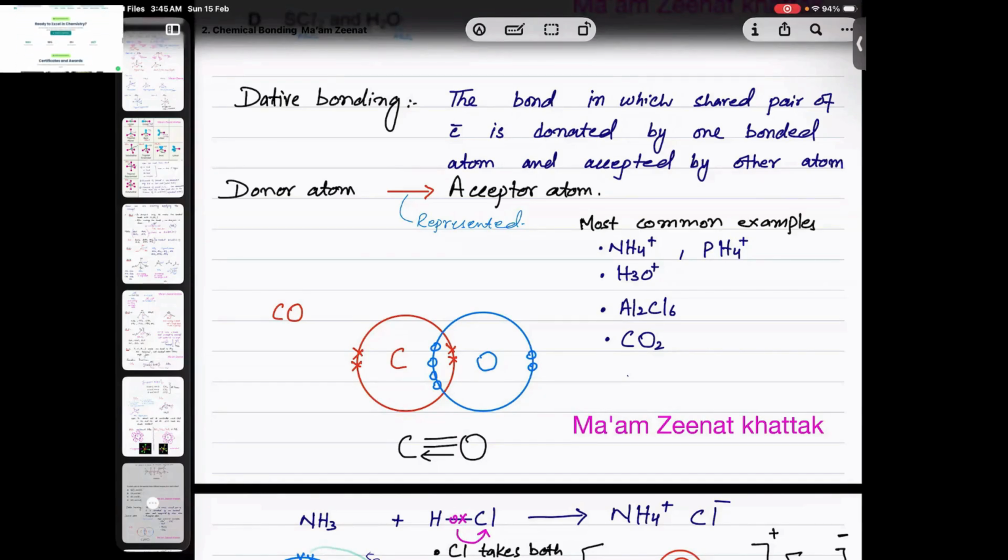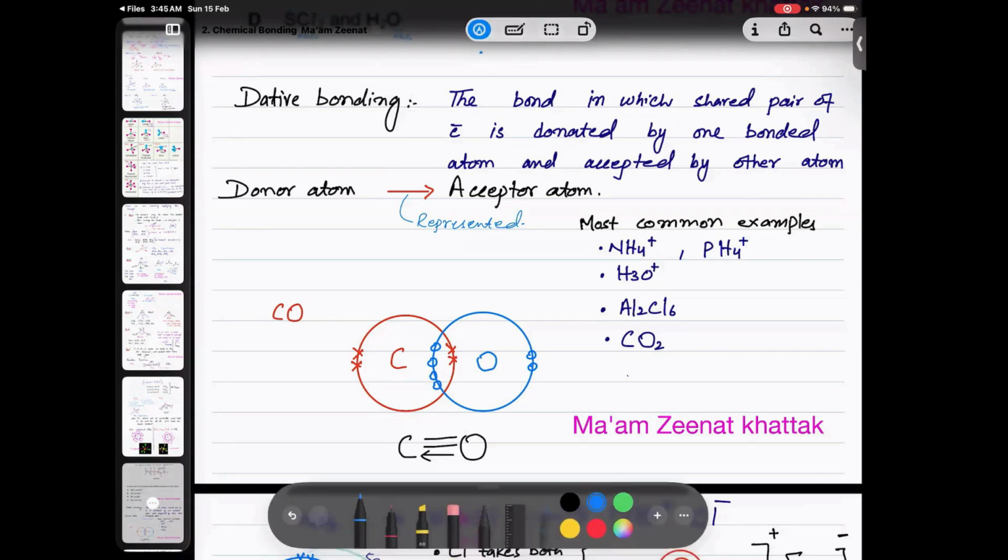One atom is the donor of the pair, the other atom is the acceptor of the pair. So it's not a complete transfer. It is represented by this arrow.